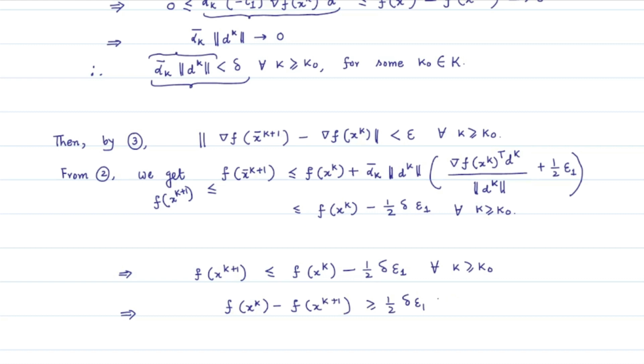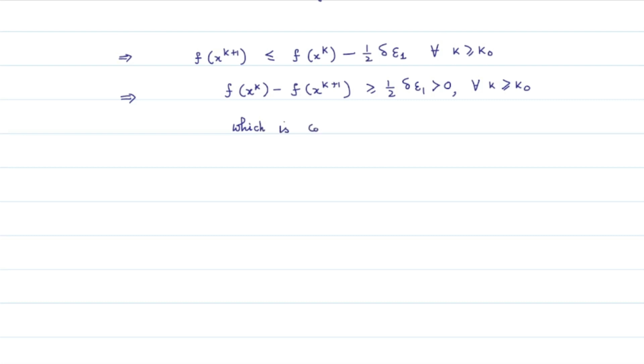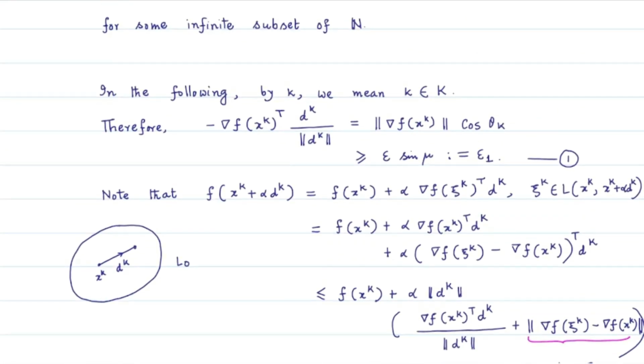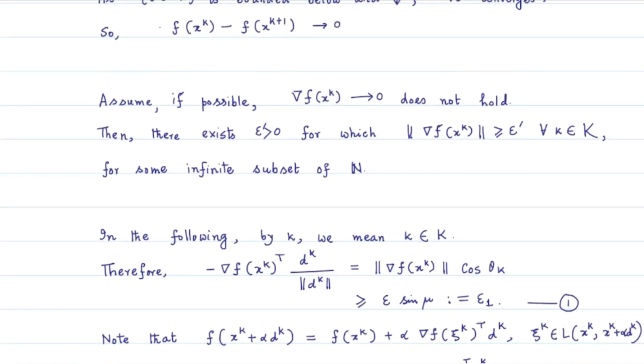But this half times delta epsilon 1 is a positive quantity, which is contradictory to our initial observation that the sequence f(x_k) minus f(x_{k+1}) converges to 0. Therefore our assumption that grad f does not converge to a null vector was wrong, and hence the result follows.